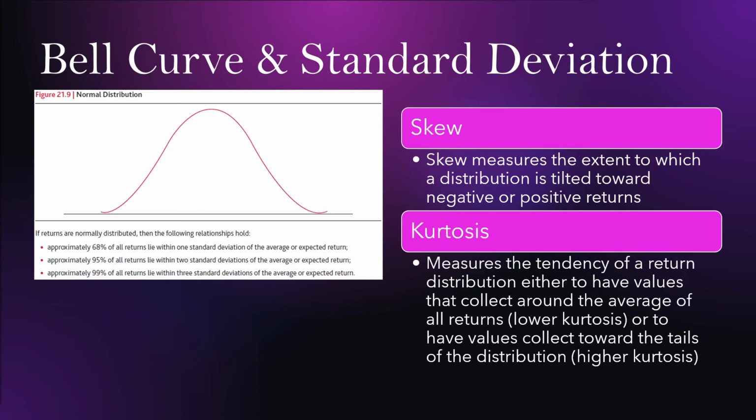Low kurtosis means most of the values are around the mean, in the center of the bell curve. If the bell curve has a higher kurtosis, then a lot of the values will collect towards the tails. So the bell curve will be flatter and the tails will be a bit higher, so more data points could be along the outlier section.